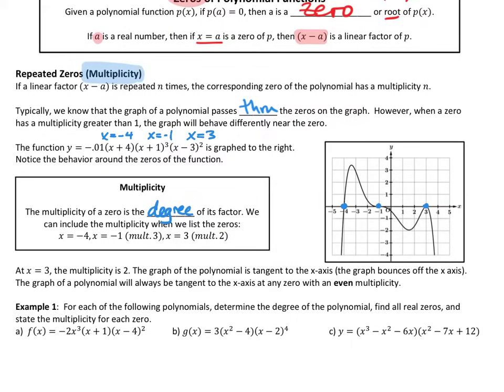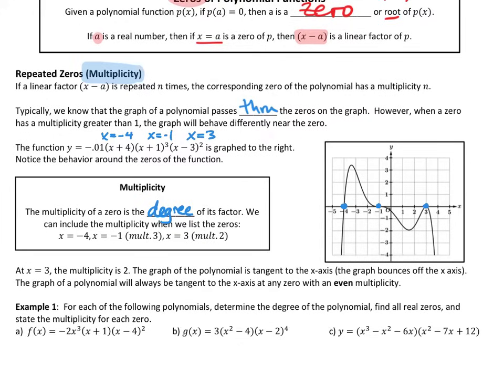So this is how we will do this today. For the zeros, instead of just saying x equal to negative 4, x equal to negative 1, x equal to 3, like I wrote above the function, we would say x equal to negative 4, multiplicity 1 is implied. X equal to negative 1, multiplicity 3, it has a 3 power on that parentheses. And x equal to 3, multiplicity 2.